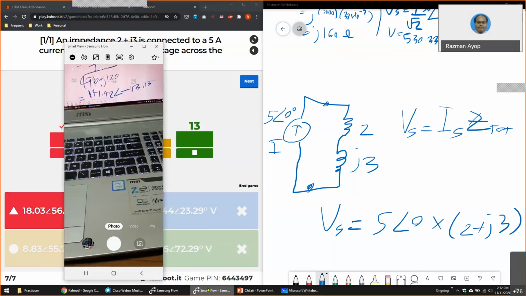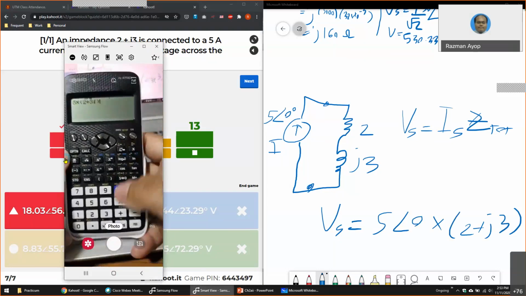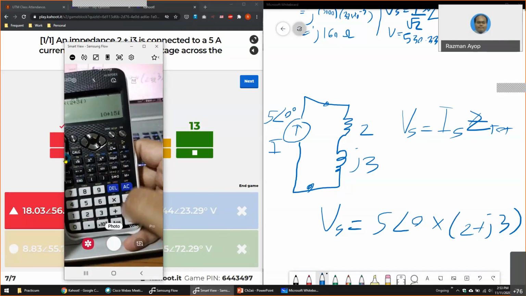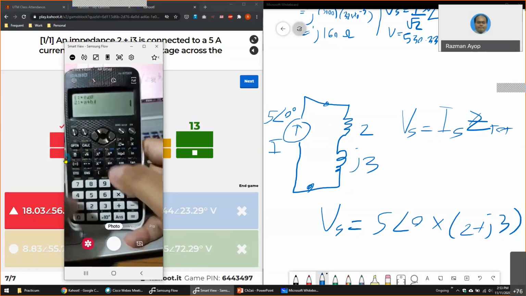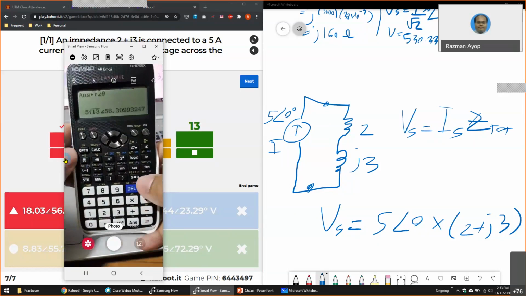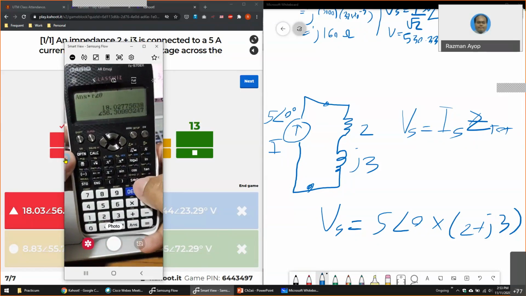You don't need to insert the 0 angle. Multiply by, don't forget to open bracket, 2 plus 3i. So equals this answer, and don't forget to convert it. Option, press down and 1. Equals. If you get like this, make sure you convert to decimal. Just press SD. So you get this answer.